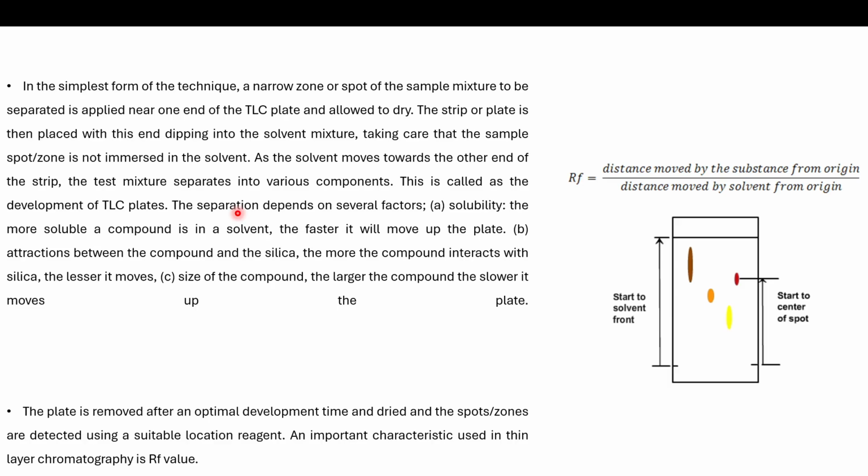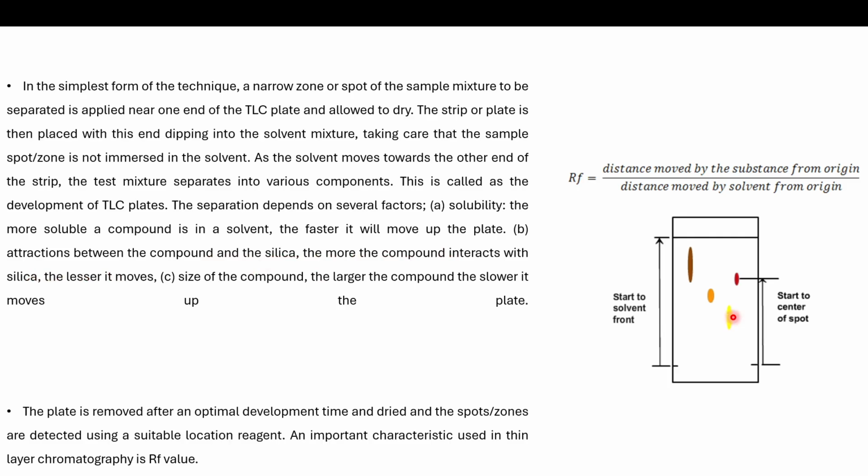And how is the separation dependent? It is dependent on several factors like solubility. The more soluble a compound is in a solvent, the faster it will move up the plate. In this case, the brown one is more soluble as compared to the other components. Then there are the attractions between the compound and the silica: the more the compound interacts with silica, the less it moves.